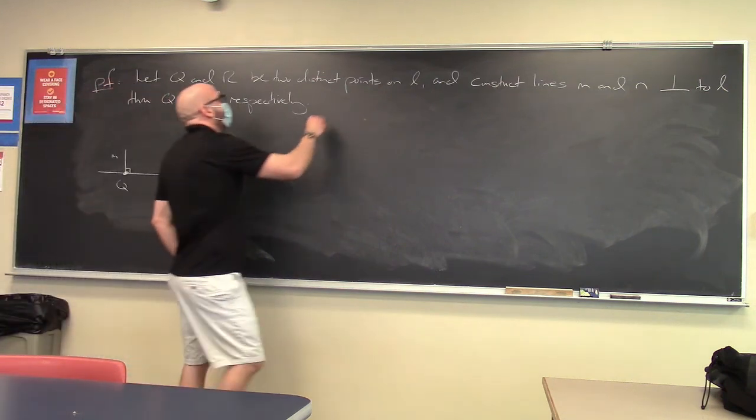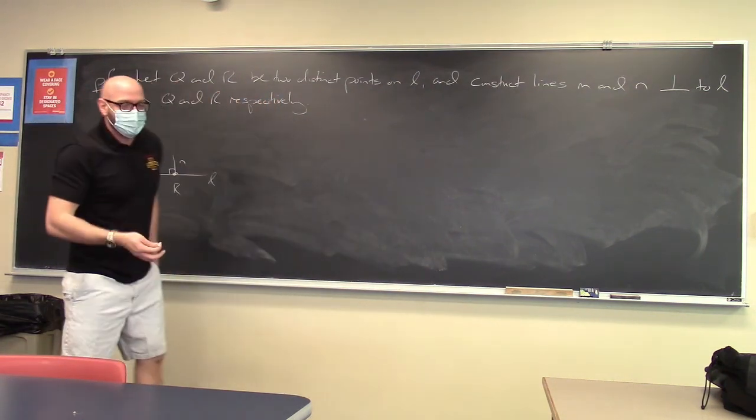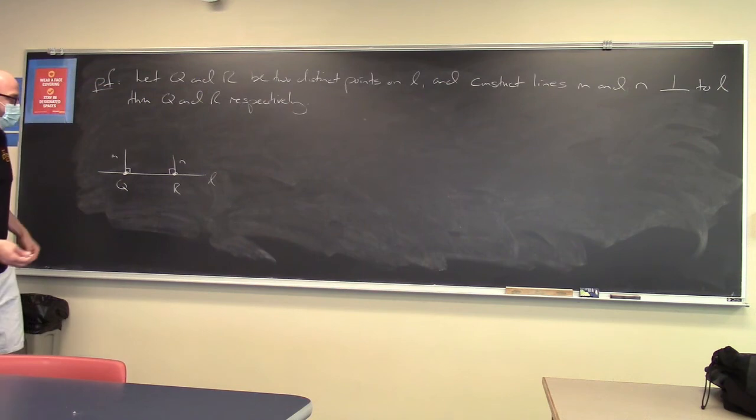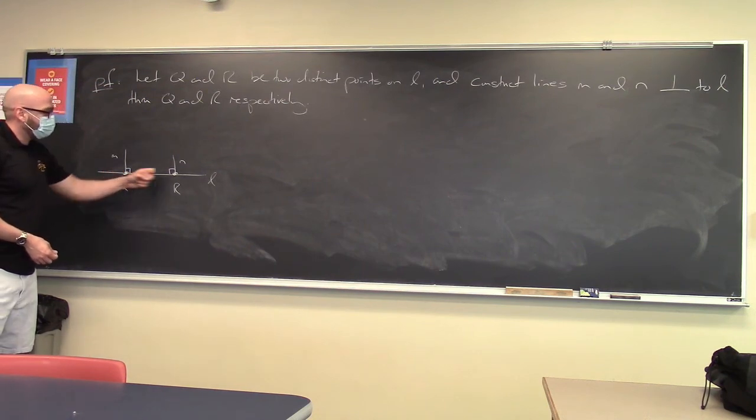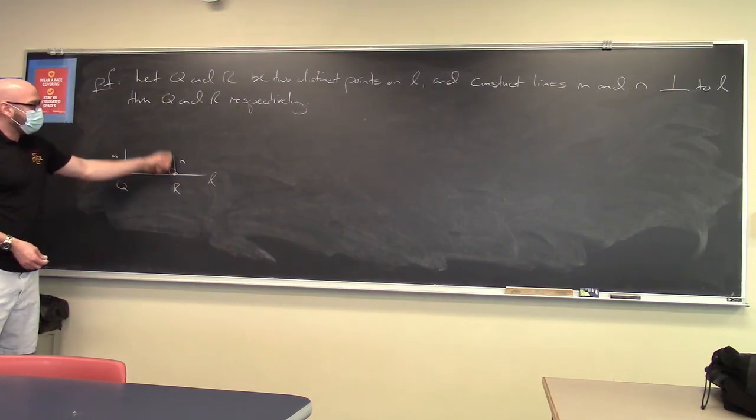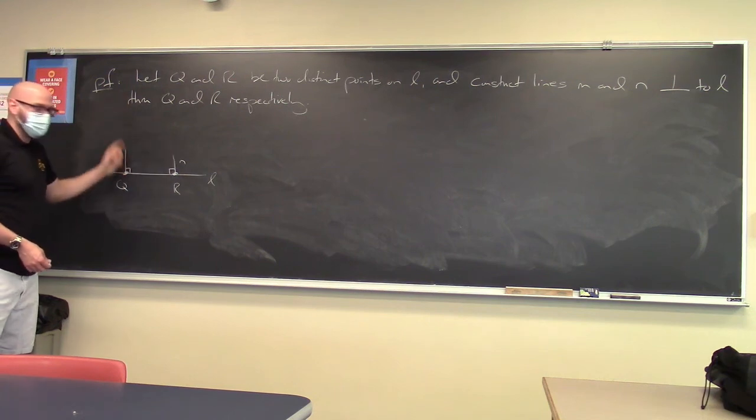So this is in fact what we've taken as the elliptic parallel postulate: given a line and a point not on that line, any line through that point must intersect the original.